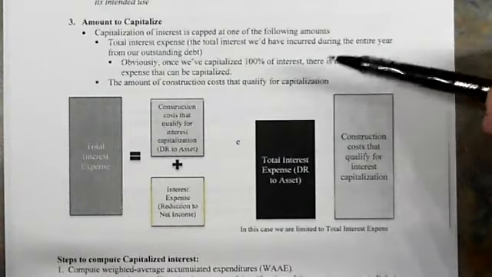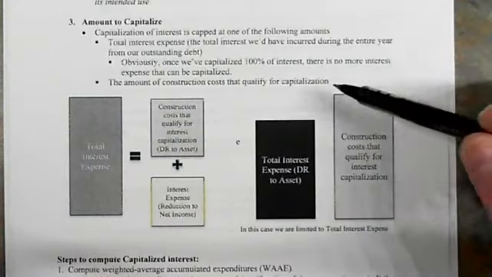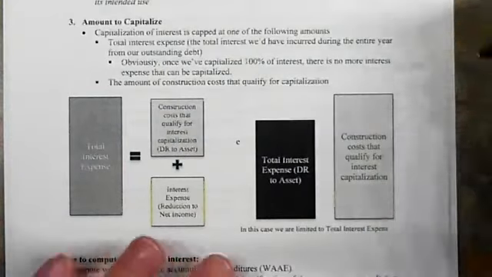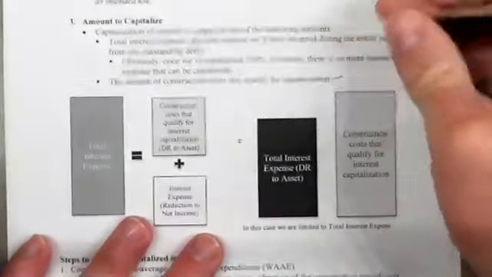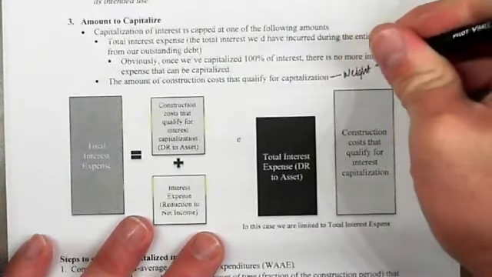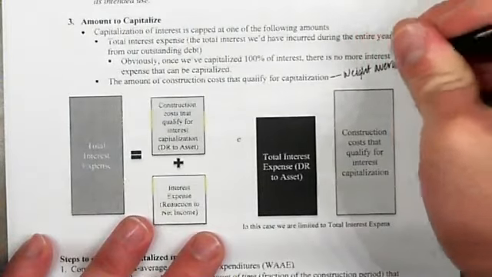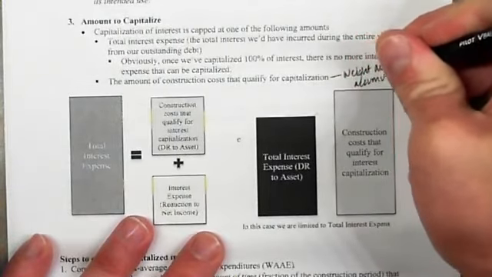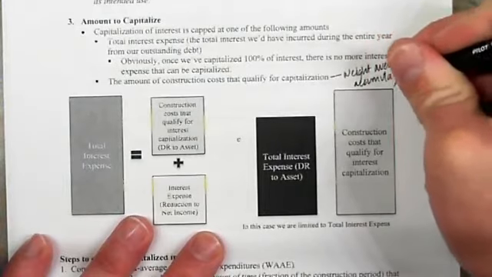And so in order to determine the amount of construction costs that qualify for capitalization, we're going to create a measure called the weighted average accumulated expenditures.